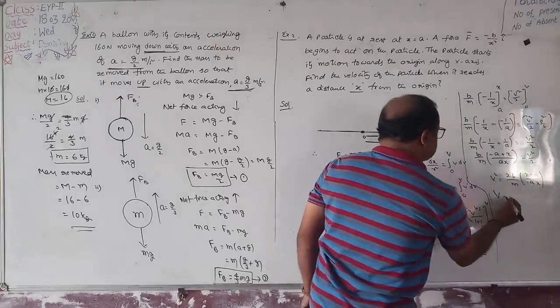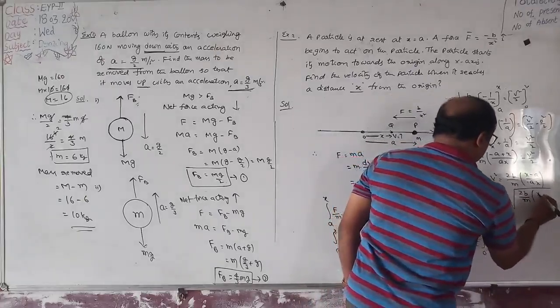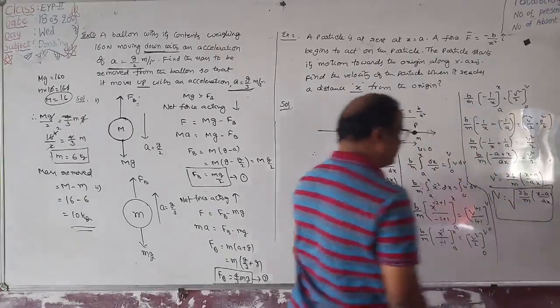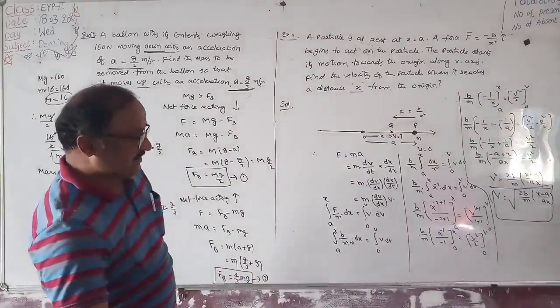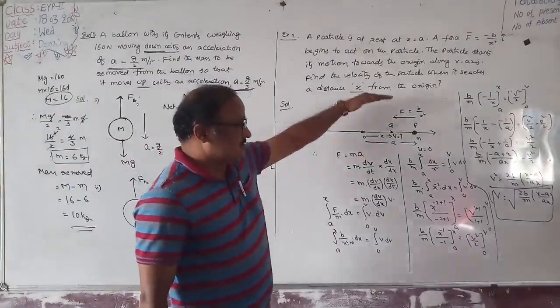Or velocity v is equal to root of 2b by m into x minus a by ax. Okay? So that is the final formula. V is equal to root of 2b by m into x minus a by ax. Right, my dear students?